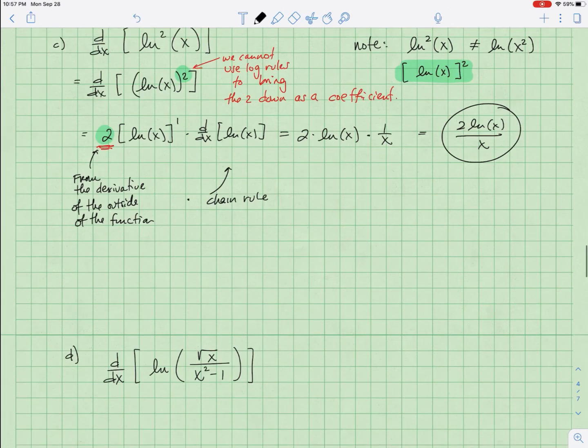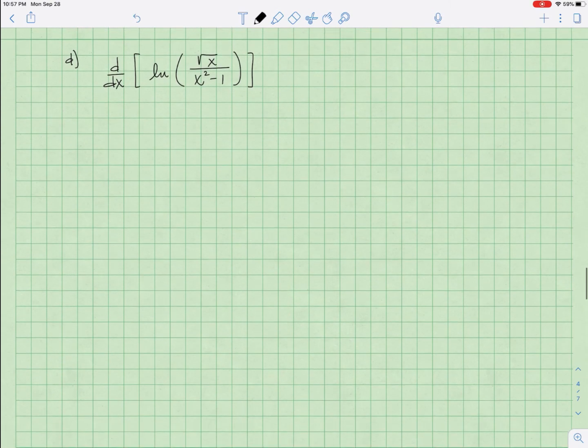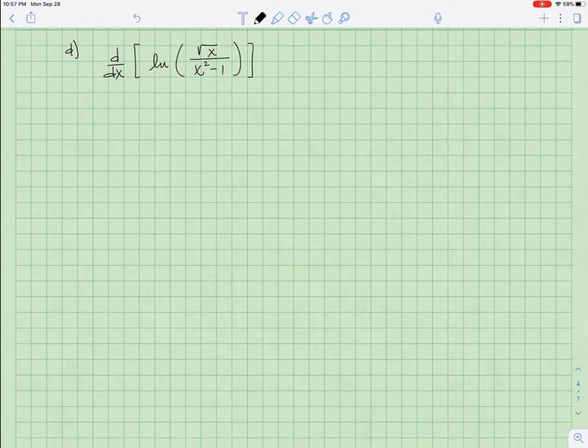Now, this next example, example D, is designed to teach you a lesson, so pay attention. People that skip this video and do not pay attention to this particular example are going to lose points, not because they're doing the problem wrong, but because it's a headache if you do not set the stage for doing this correctly.